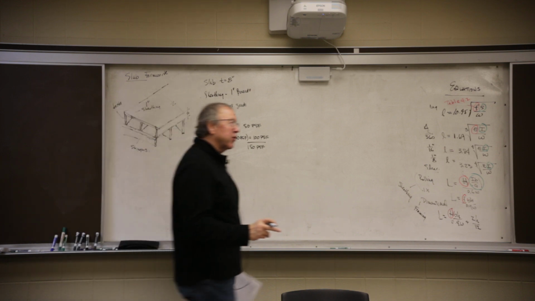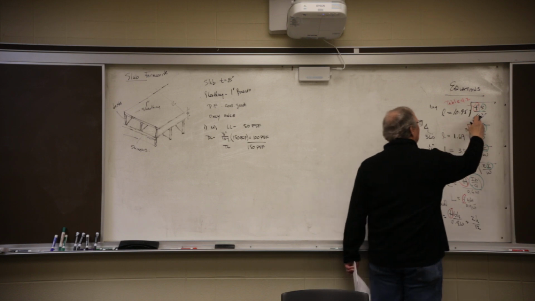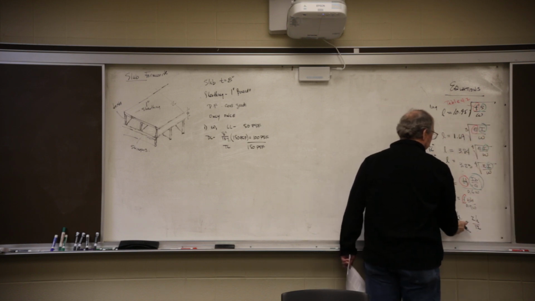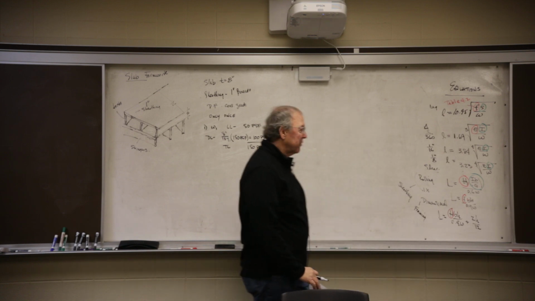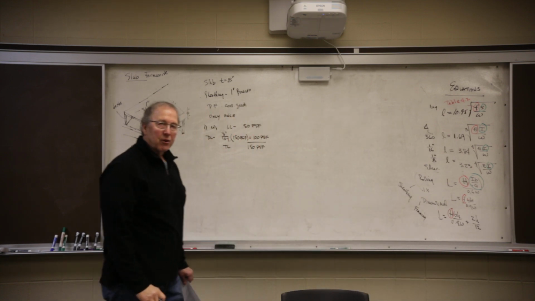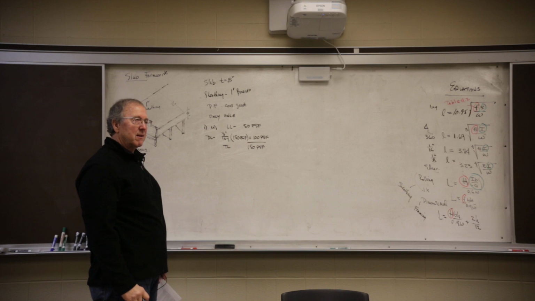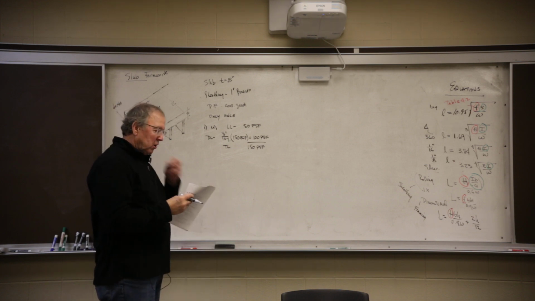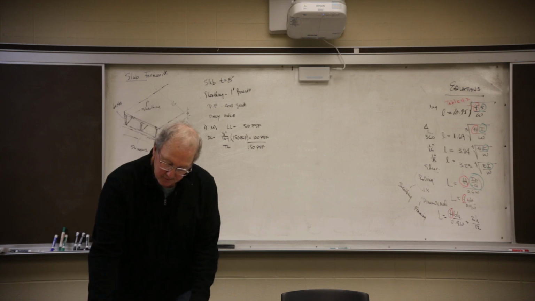Each one of these holes right here, that one, that one, that one, and that one, depending on which equations I select, that's going to be all 150. So we turn it over to the next page.